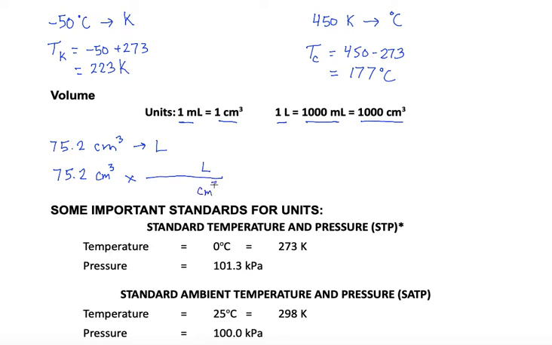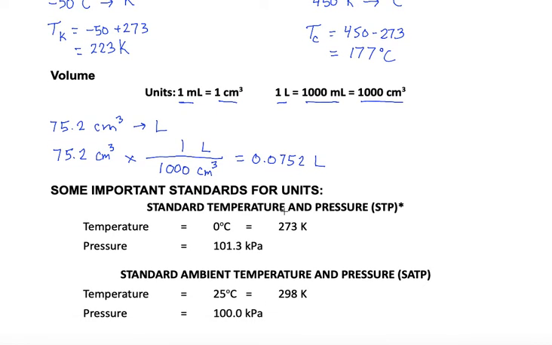We want to get rid of centimeters cubed. So we want to find how these are related. Well, 1 liter is the same as 1,000 centimeters cubed. So that becomes our conversion factor. And we would get 0.0752 liters. And that's our answer to convert there. Okay, so that's just a quick volume conversion, very important.